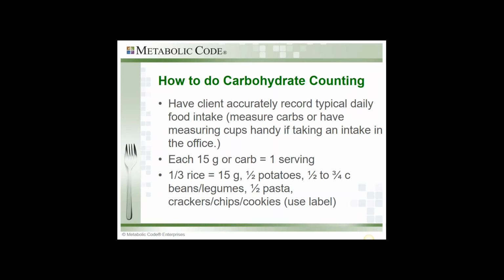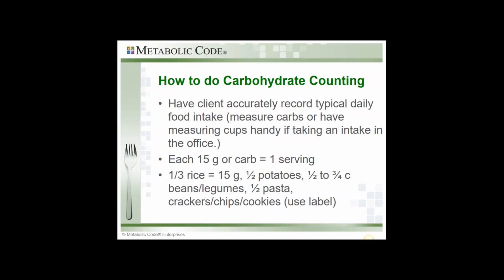So what we know from all the information on the diabetes exchanges is that, for example, if you're looking at rice, 1/3 cup of rice, whether it's brown or white, provides 15 grams of carbohydrate. 1/2 cup of potatoes, 1/2 to 3/4 cup of beans and legumes, depending on the type of bean, 1/2 cup of pasta.